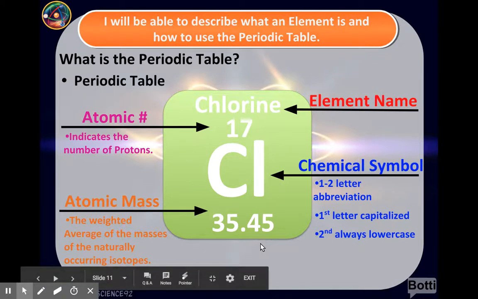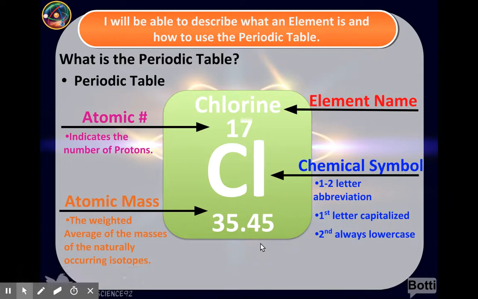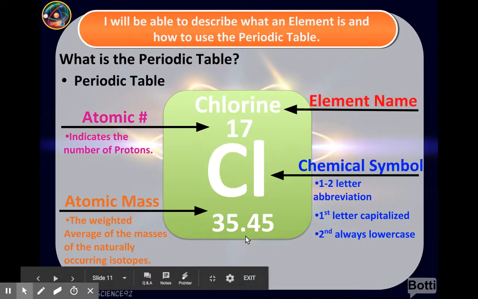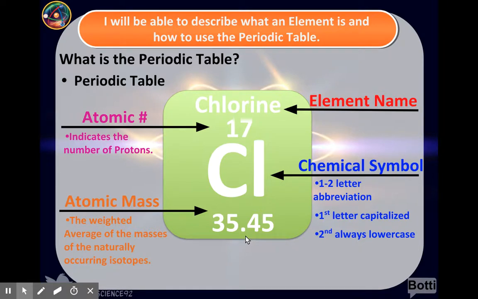And last but not least, we have the atomic mass. That is an average of the masses of the naturally occurring isotopes. Now, an isotope is an element that has a different number of neutrons. So chlorine is going to have between 35 and 36 protons and neutrons in the nucleus.